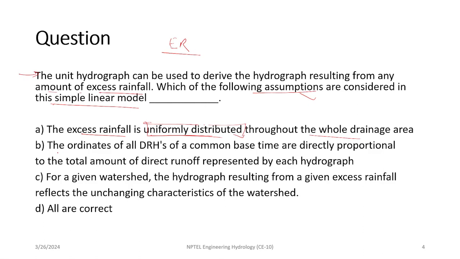The second option is the ordinates of all DRH of a common base time are directly proportional. Again, look at the keywords. I keep reminding you. The third one is, for a given watershed, the hydrograph resulting from a given excess rainfall will remain unchanged. And the last option is all of the above are correct.